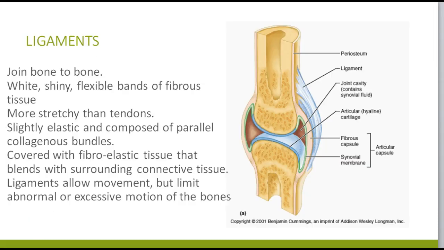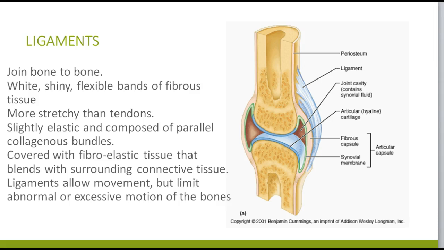Okay, so ligaments. Ligaments join bone to bone, a white, shiny, flexible band of fibrous tissue, a little bit more stretchy than tendons, slightly elastic and composed of parallel collagenous bundles. It's covered with fibroelastic tissue that blends with surrounding connective tissue.